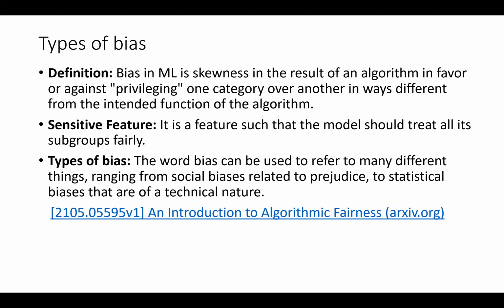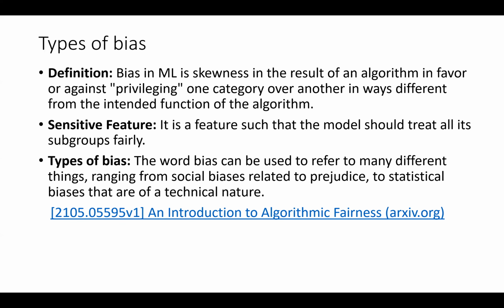So in this case, we need to make the algorithm not hire people based on gender. Okay, let me rephrase. We want the model not to be biased for one group against the other. So the group here is male, female; the feature here is gender.